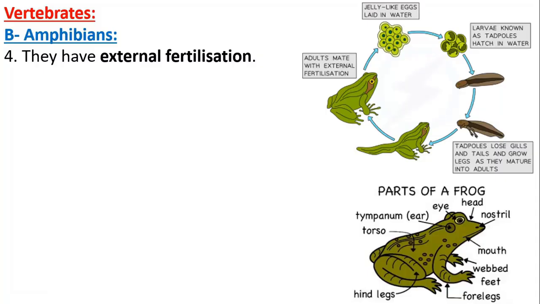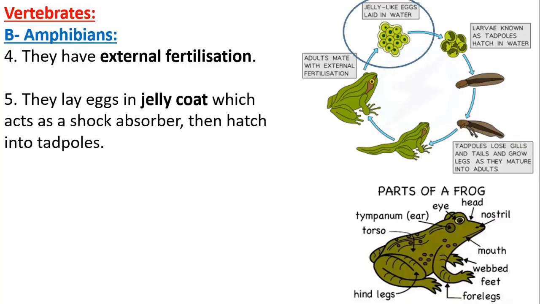External fertilization, as we said in fish also, is something they have in common, which means that the female lays the eggs and then the male drops the sperm on them outside of the female's body.